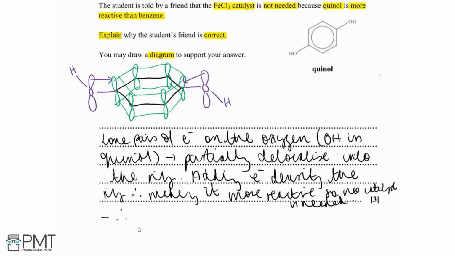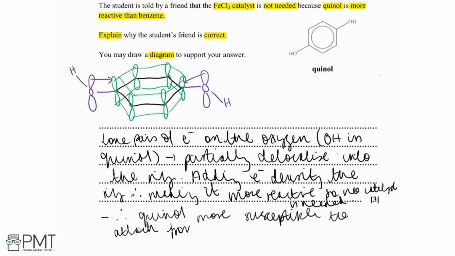Therefore, this makes the quinol more susceptible to attack from an electrophile. So we've got more electron density in the ring, therefore we're going to be more susceptible to an attack from a positively charged electrophile or a slightly positively charged electrophile, so we can induce dipoles easier overall.